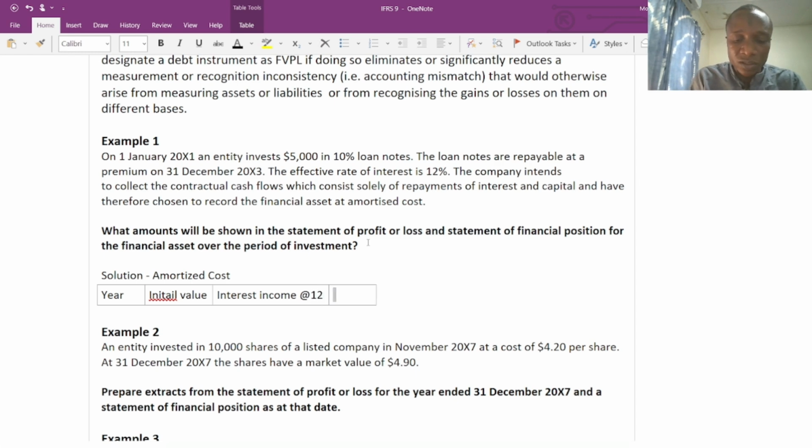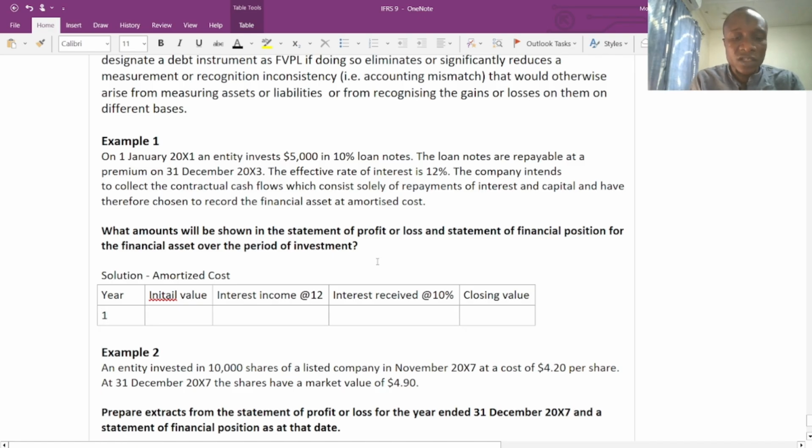And also we're going to look at the cash received, or interest received, at 10%, the nominal value, and we're going to look at the closing value.